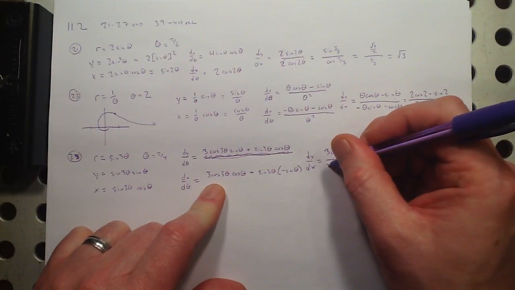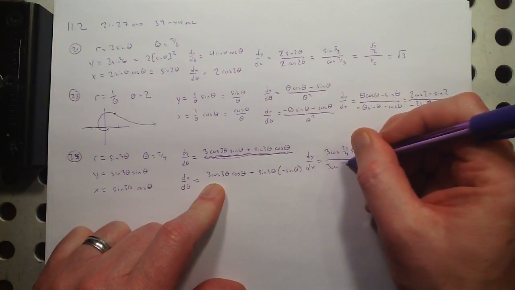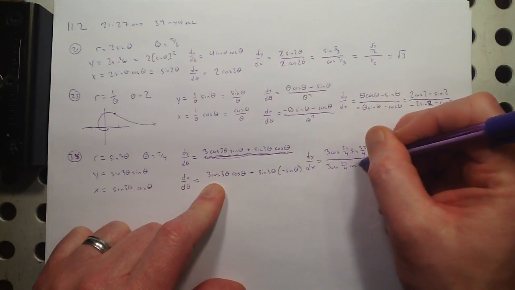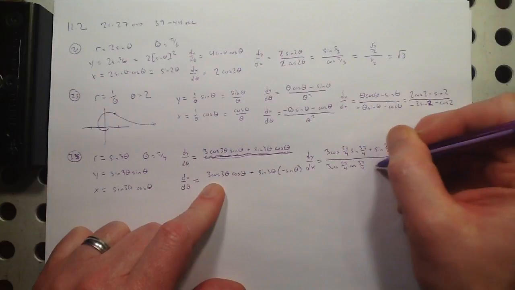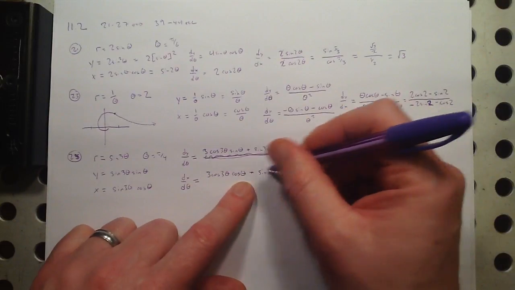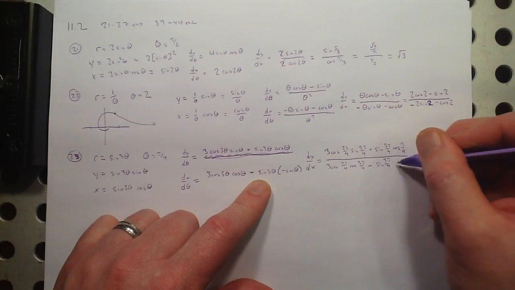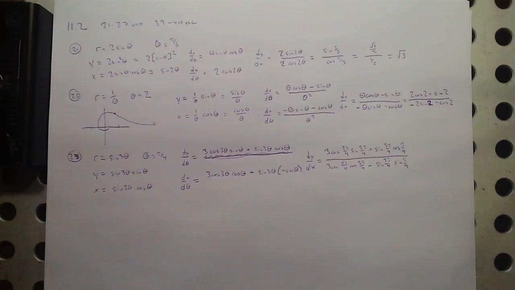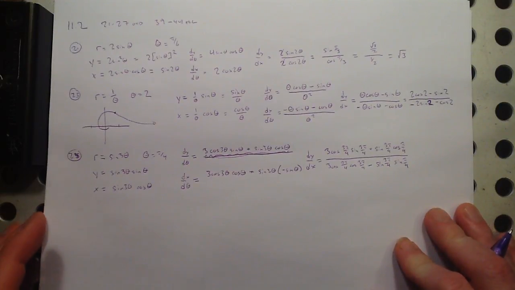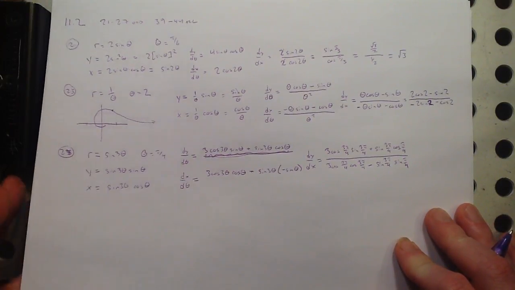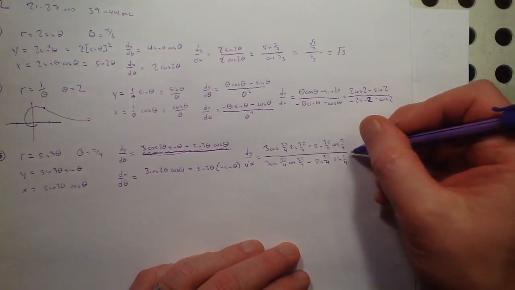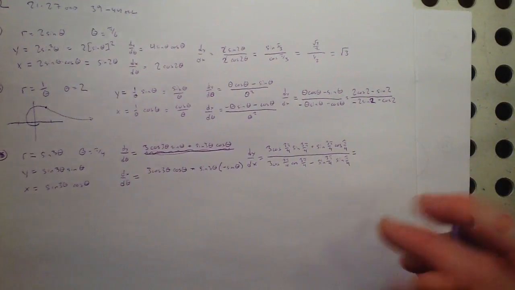And then on the bottom I've got 3 cosine 3 pi over 4 times the cosine of 3 pi over 4 minus the sine of 3 pi over 4 times the sine of pi over 4. Okay, let's plug values in carefully and see what we can do to simplify it.